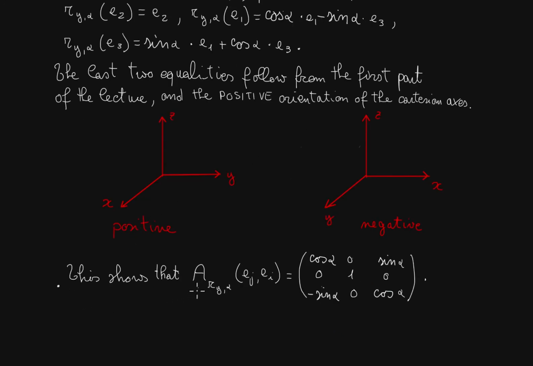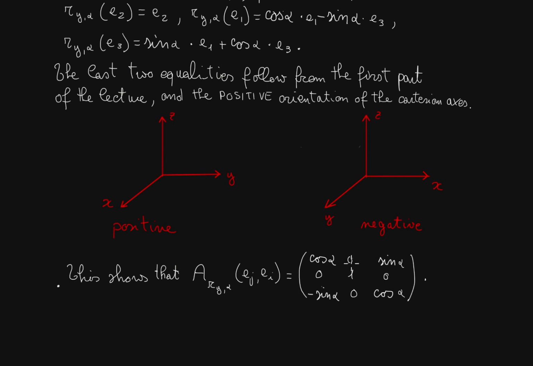This shows that the associated matrix of Ry, alpha with respect to the canonical basis of domain and codomain is the following matrix. The first column, cos alpha, 0, negative sine alpha, translates this equality.